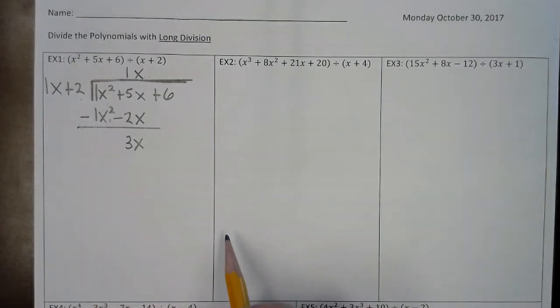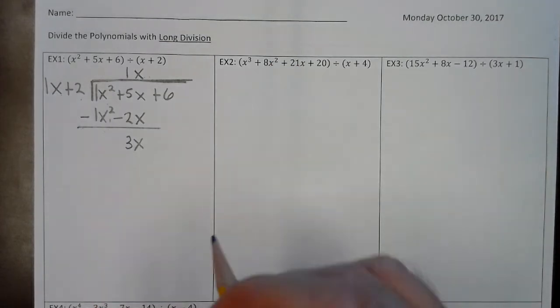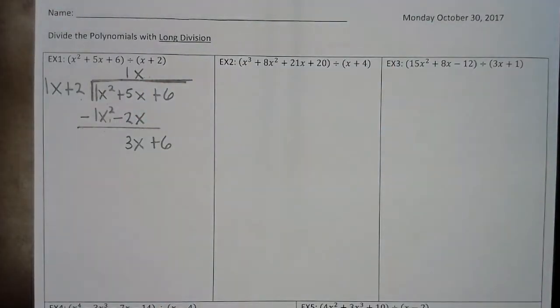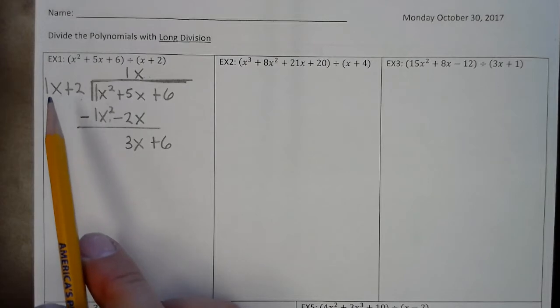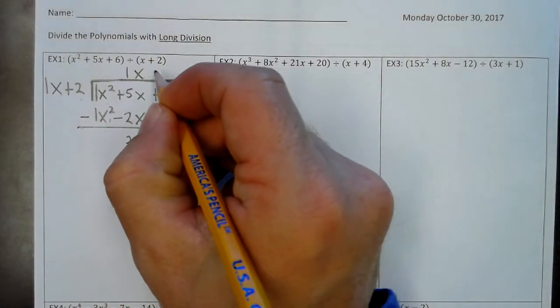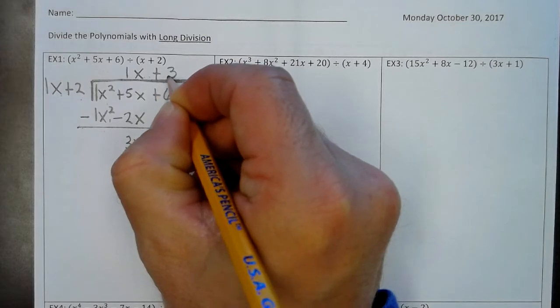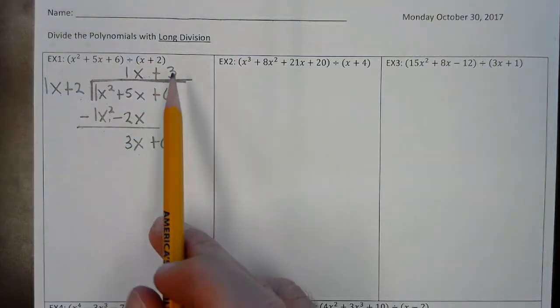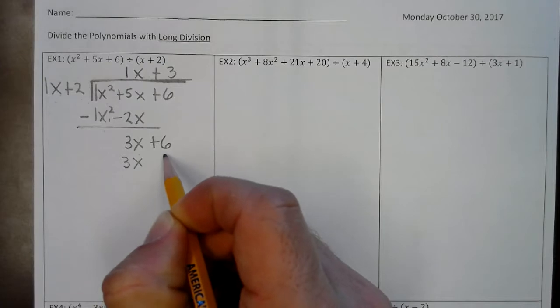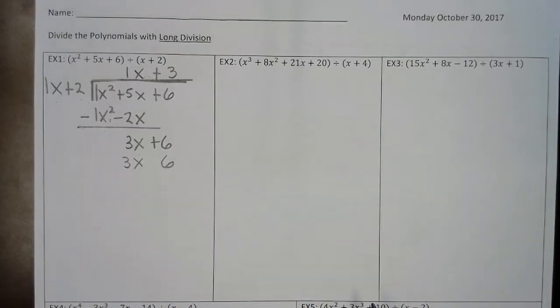Now we subtracted. Now we're in step 4, bring down. So bring down the plus 6. And then we repeat the steps. How many times does x go into 3x? Well, that is 3 times. Now we say, what is 3 times x plus 2? Well, that's 3x plus 6.